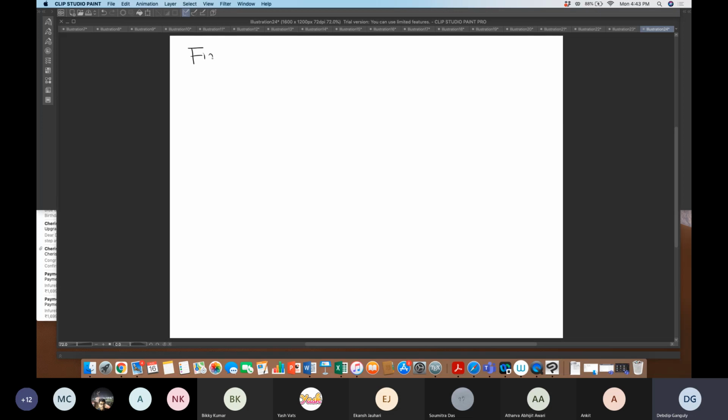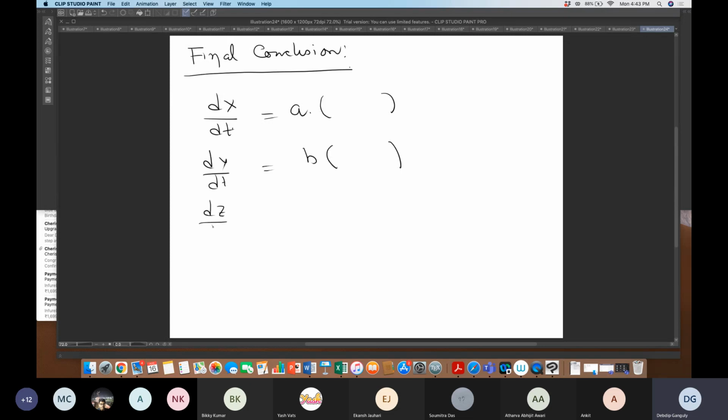Okay, so the final conclusion is that to solve this PDE, we have to solve this problem: dx by dt equal to A, dy by dt equal to B, dz by dt equal to C. Gamma is the given curve, the given space curve, which is the initial curve, of course x of s,0, y of s,0, z of s,0.